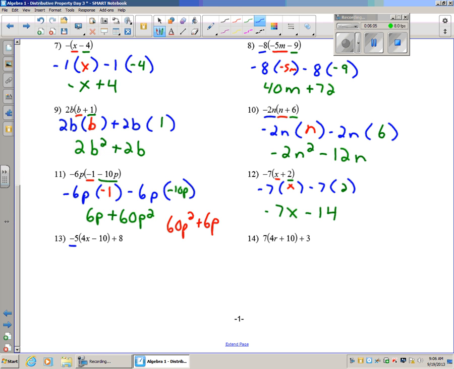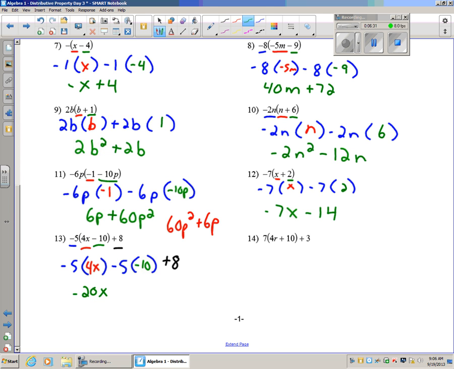Number 13, negative 5 is being distributed to two different things. And the positive 8 just goes along for the ride. The first term being positive 4x, and the second term being negative 10. Negative 5 times 4x, that's negative 20x.